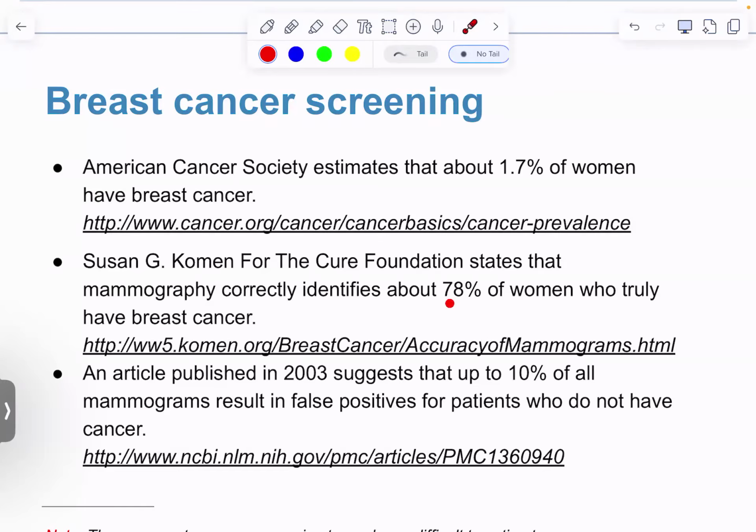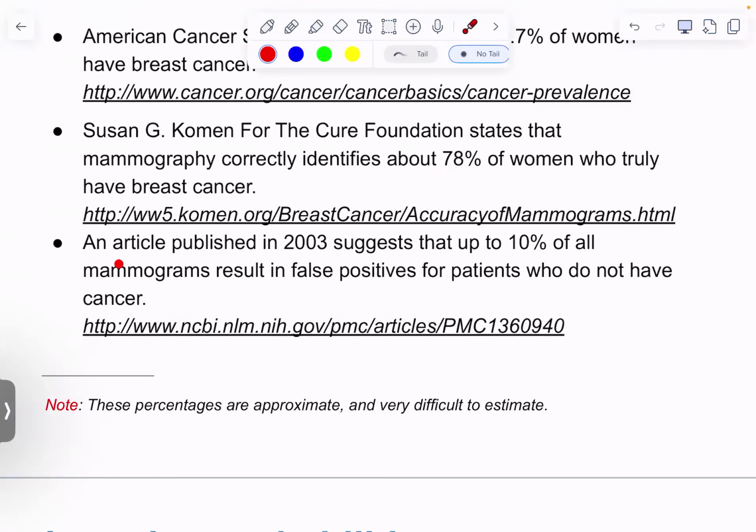Not super high, right? But I guess it's as good as it gets. An article published in 2003, hopefully they've been doing work on this stuff, suggests that up to 10% of all mammograms result in false positives for patients who do not have cancer.